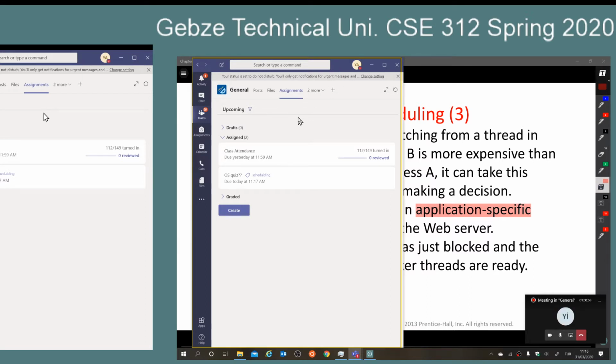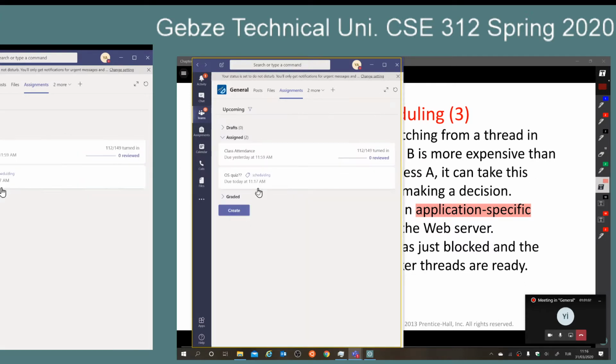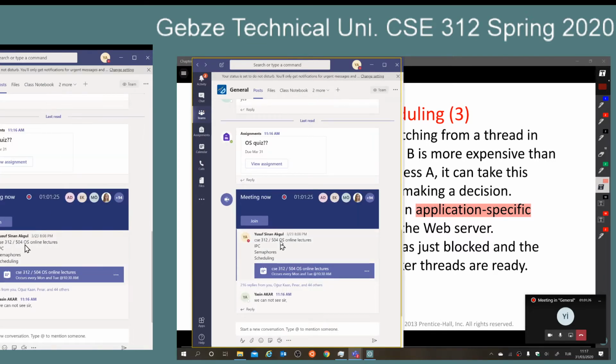And while you are working on it, let me give you your... No, it says view assignment. I assigned it. I will give you another assignment. No, not assignment. I will give you, not as discard. Okay, discard.